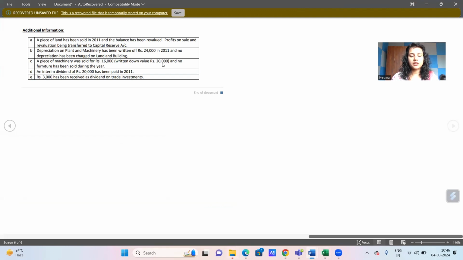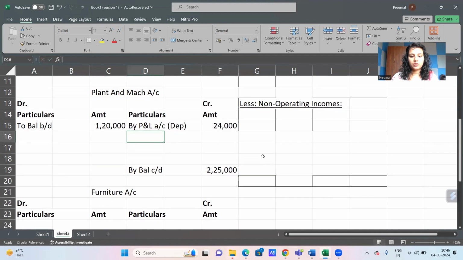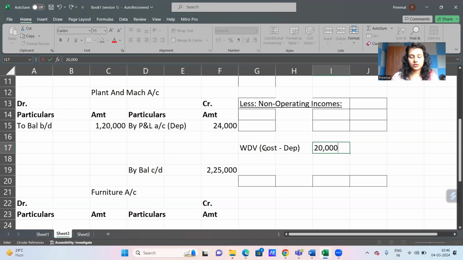The written down value is 20,000. Now, let's discuss this further. What exactly is written down value? Written down value is basically the cost of an asset after you have deducted the depreciation. So over here, the written down value is 20,000.